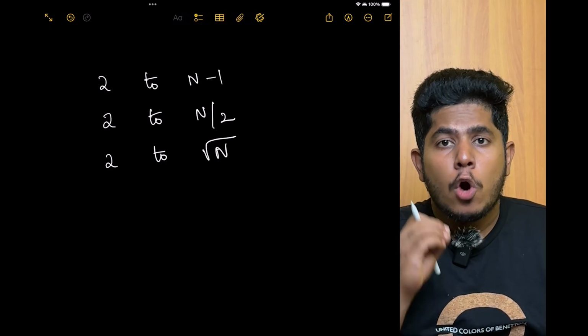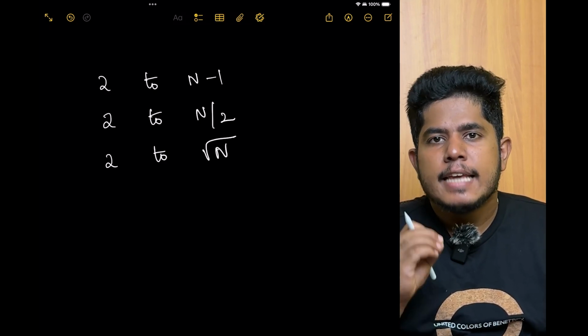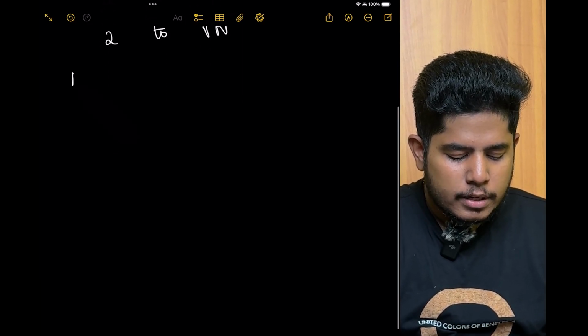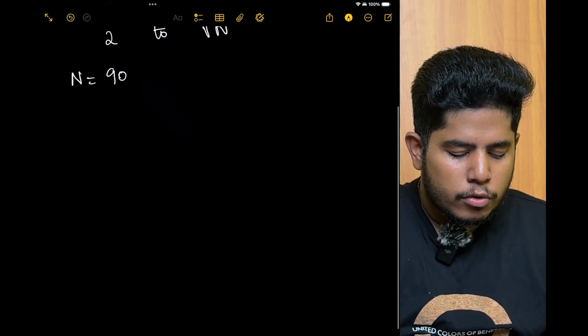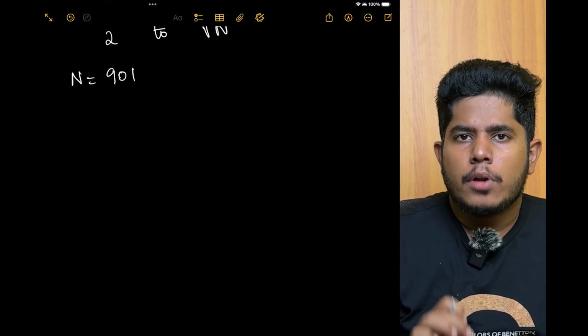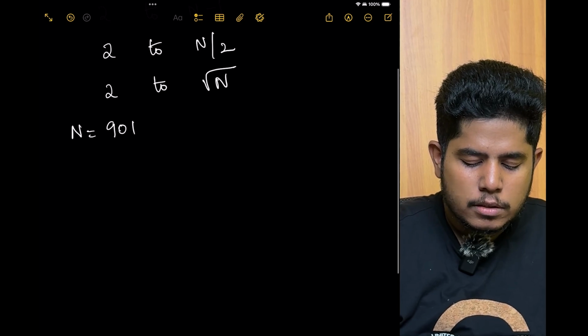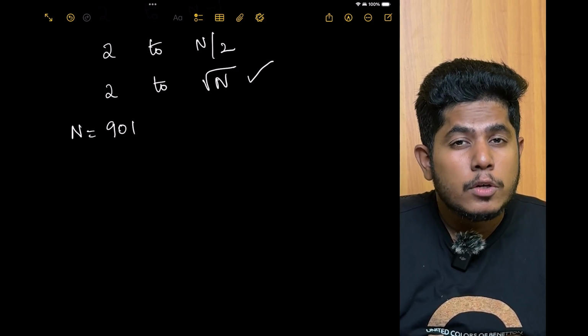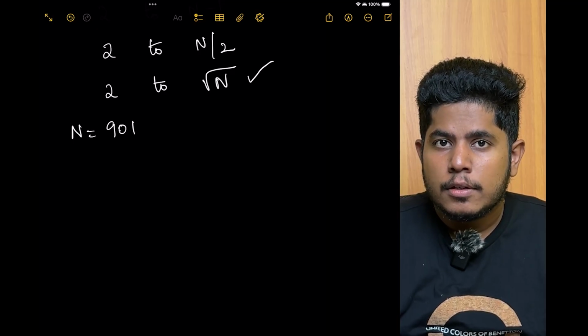So to see the new optimized procedure, let's take some example. The example that I would want to take is n is equal to 901. If n is equal to 901, what is the last optimized approach that we have seen? Checking between 2 to square root of n.